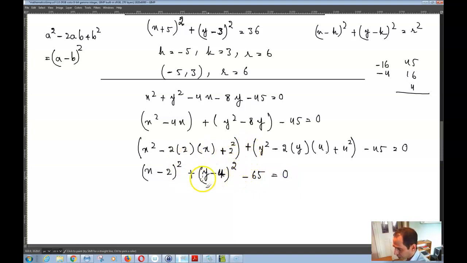So since that is the case, what we wanted to do was find the center and the radius. So now I write this as (x − 2)² + (y − 4)² = 65.